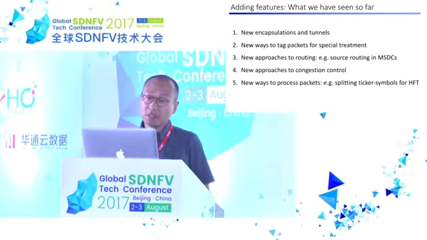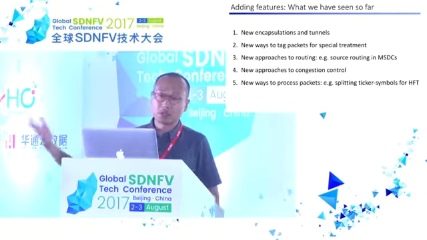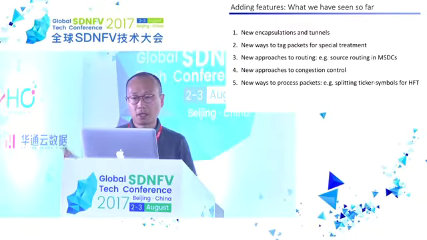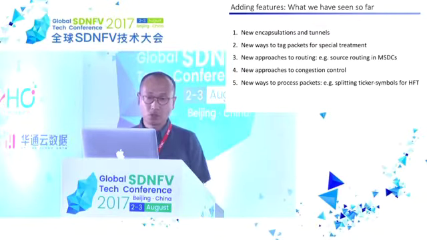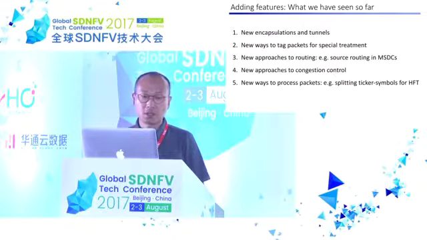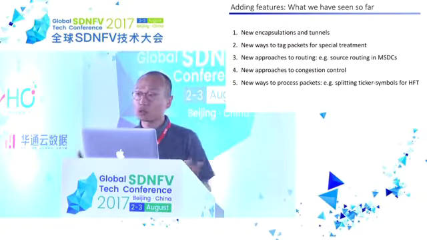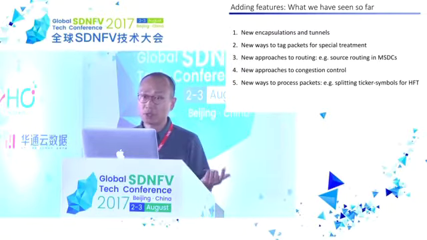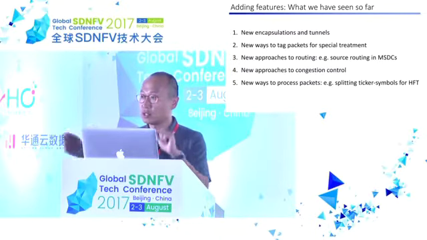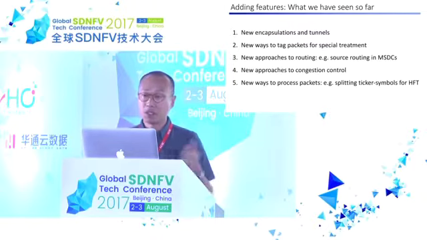And what we have seen so far, based on the interactions that we had with partners and potential customers or contributors, people want to introduce their own new encapsulations and tunnels, new ways to tag packets for special treatment. This is particularly useful in the context of NFV because you can attach some information between the NFV boxes and then offload a lot of information down to the switches. New approaches to routing.